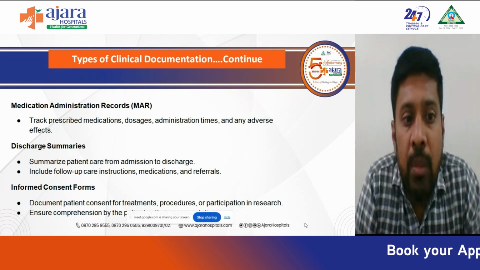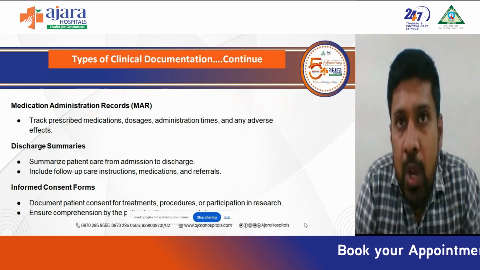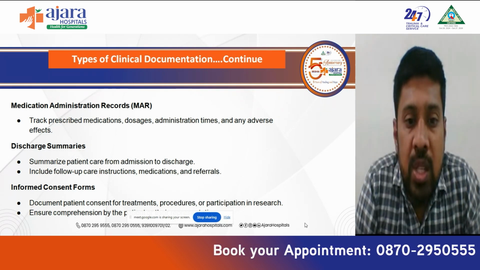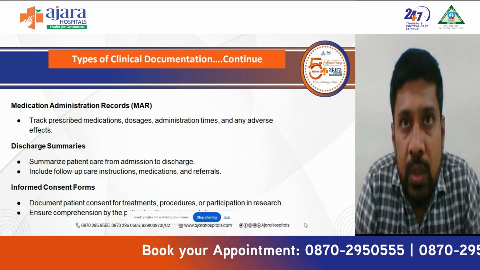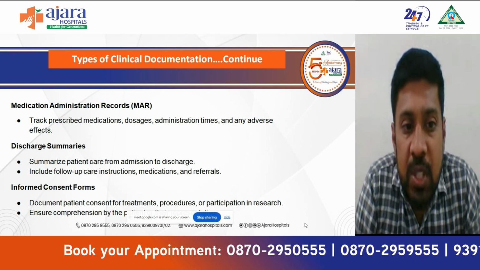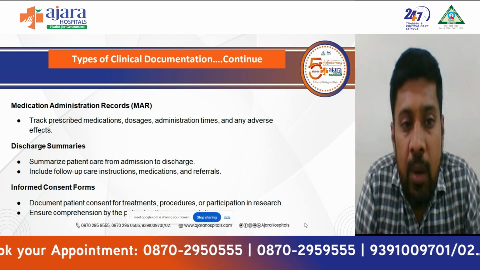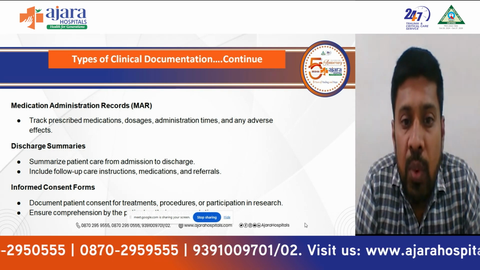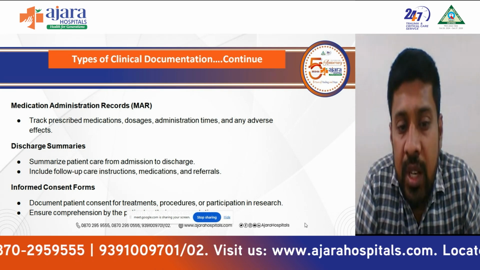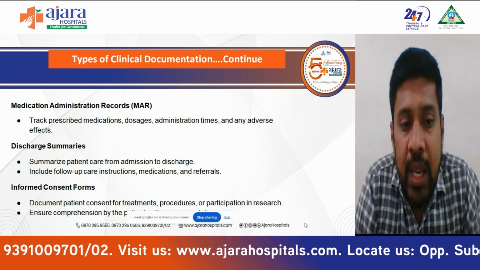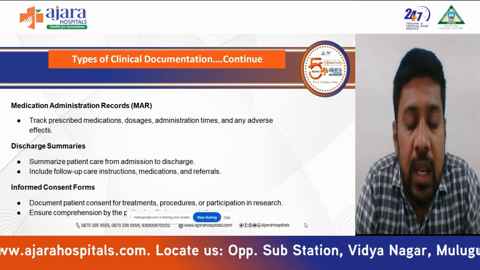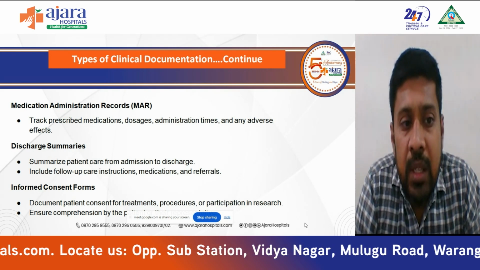Next important document is the discharge summary. Once the consultant plans to discharge the patient from the hospital, they have a specific discharge plan: what the patient needs to follow after discharge, what medications he or she needs to take, and what healthcare modifications they need to make. All that information comes in the discharge summary.